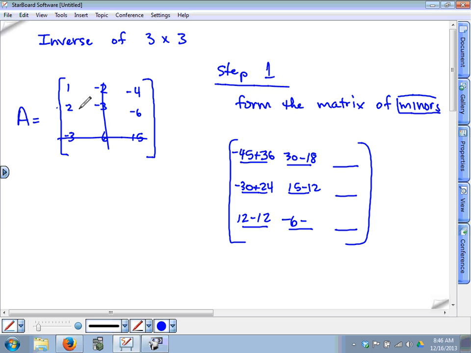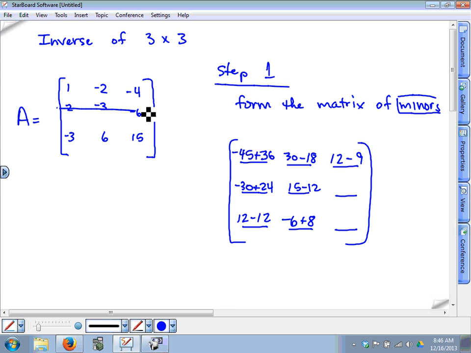What's this other cross product? It's negative 8, but if you're minusing a negative, it becomes plus 8. Okay, now we move on. This minor right here is top row, third column. That's going to be 12 minus 9.